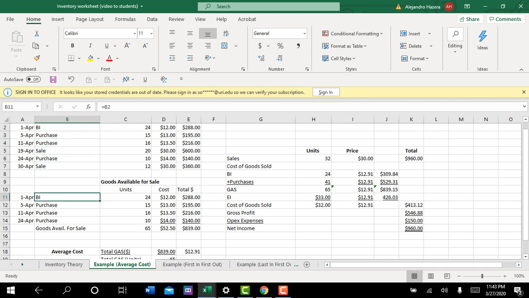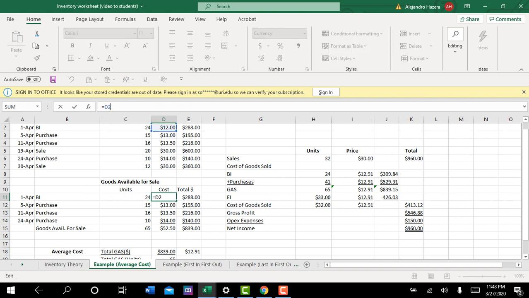My April 5th purchase is 15 bats, and they all come from row D3. The worksheet is just a copy of row D3. My April 11th purchase comes from the fourth row, C, D, E4. And then finally, my April 24th purchase is coming from the sixth row there.